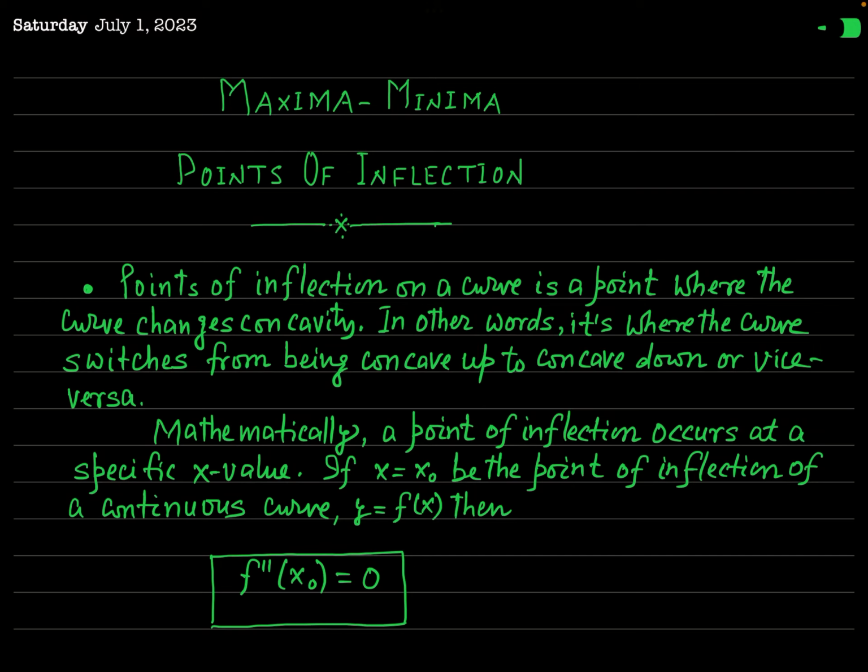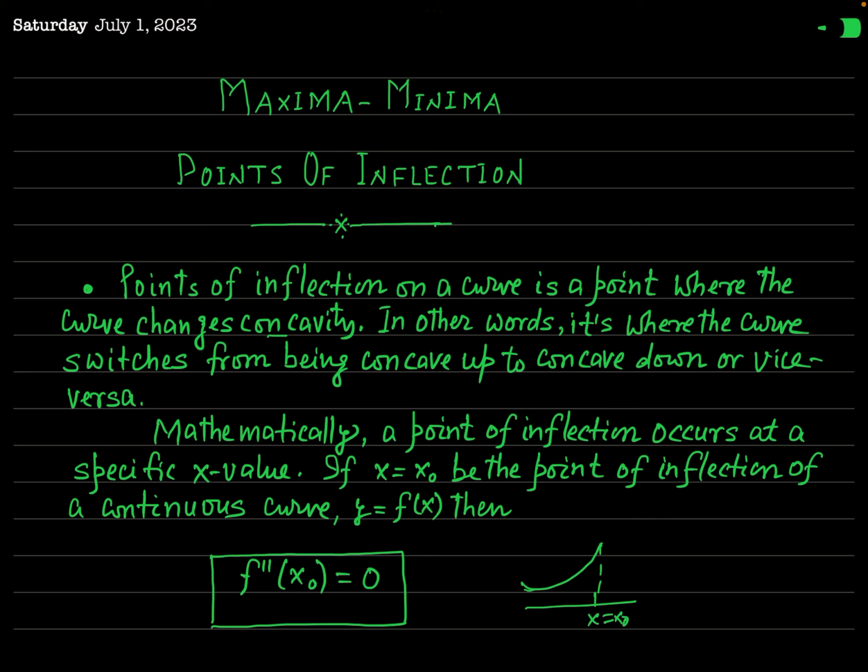of points of inflection. Actually, a point of inflection on a curve is a point where the curve changes concavity. In other words, it is the point where the curve switches from being concave up to concave down. As you can see, this is our curve, and this is a point where x has a particular value, let us say x naught.